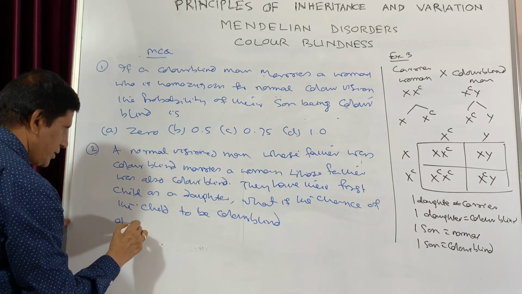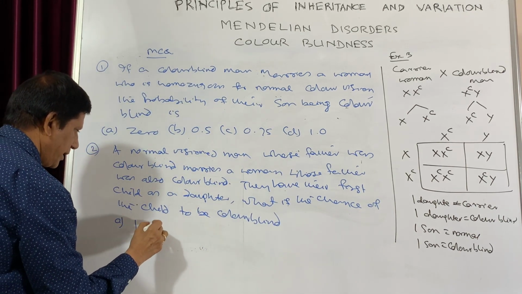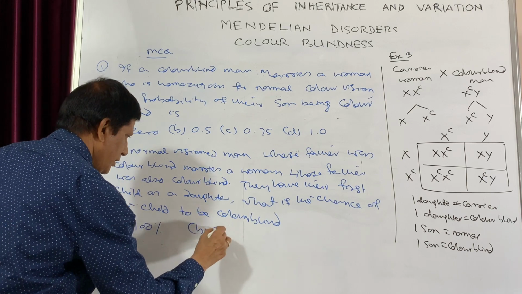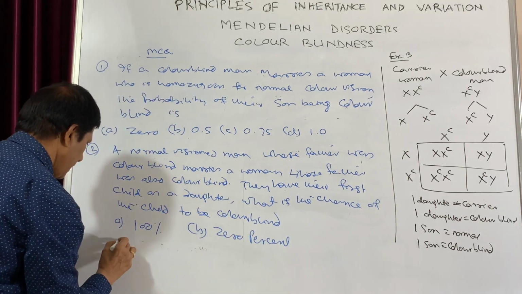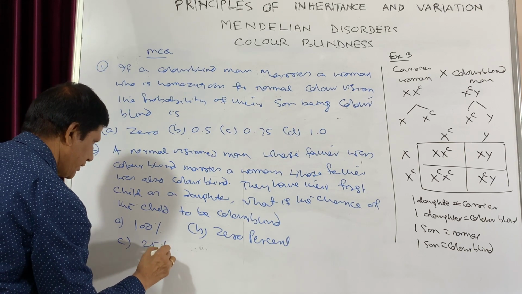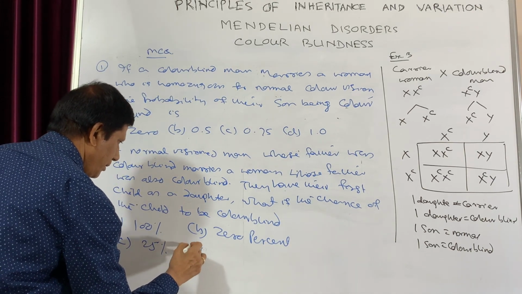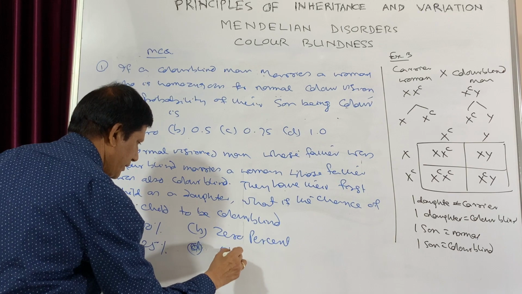So first choice 100%, second choice 0%, third choice 25% and fourth choice 50%.